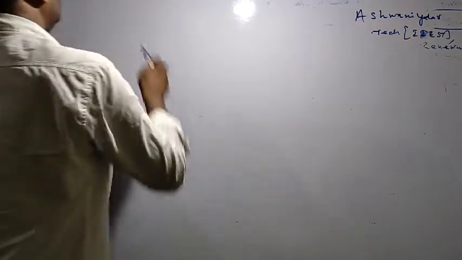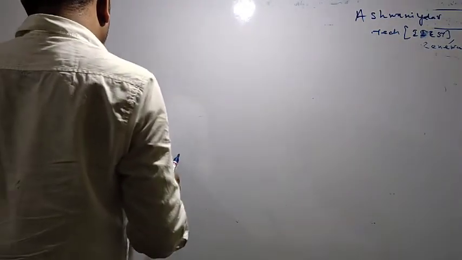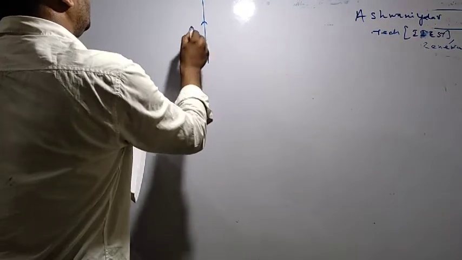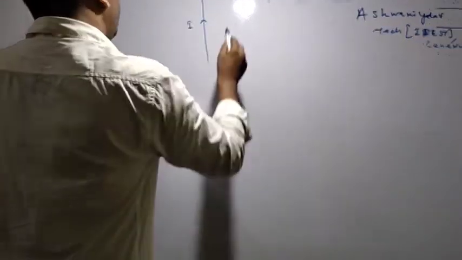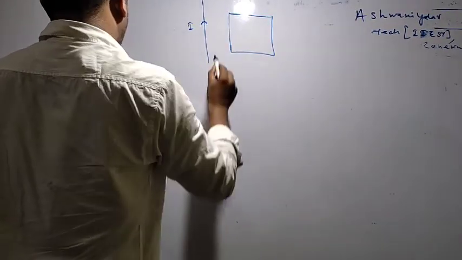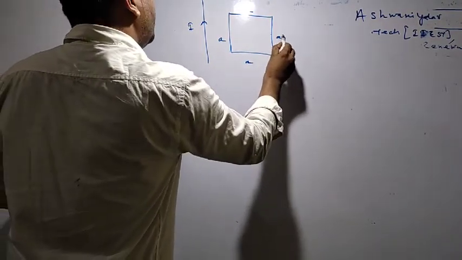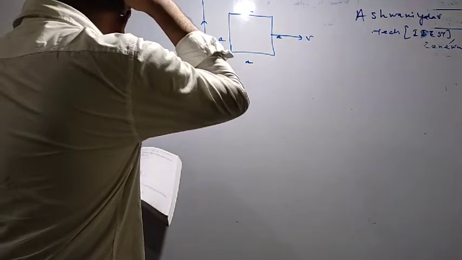Okay, so another question, another example based on this same concept but with a little modification. We have a current source, a current carrying wire, which is the source of magnetic field, and now we have a square frame. Every side is equal, and it has velocity v towards the right.